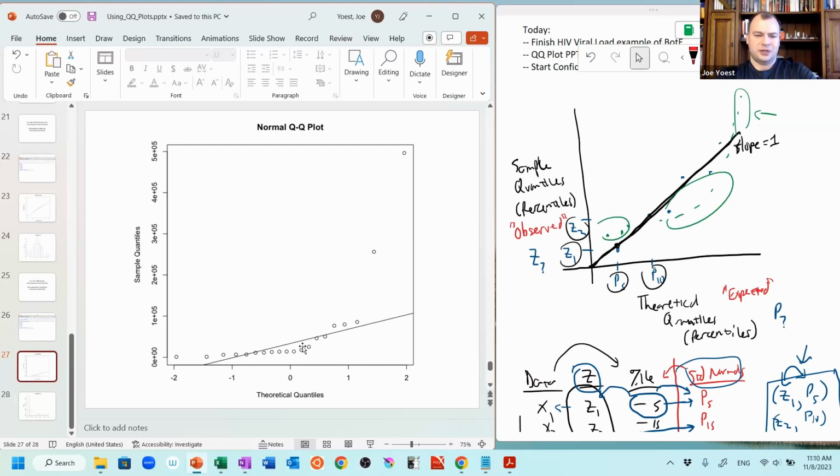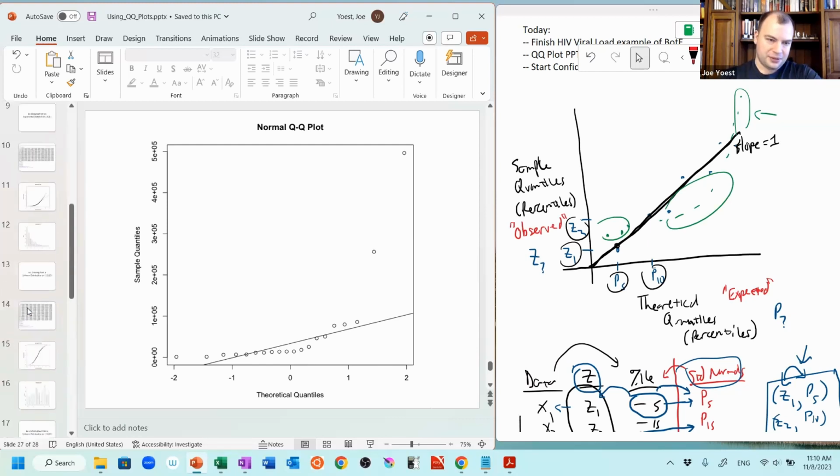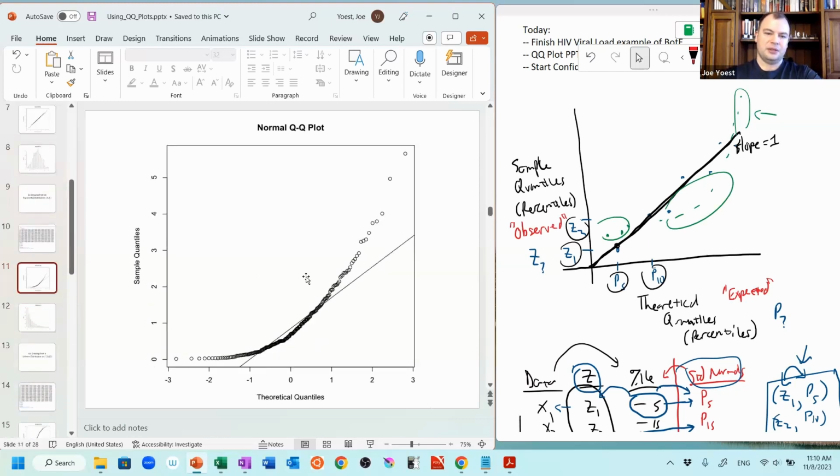So this one, I would be very uncomfortable modeling as a normal. I see substantial deviations and I see a very clear pattern. Above, below, above. That's indicative of that right skewedness. That's the kind of thing that we saw with the exponential distribution, right? That's a strongly right skewed distribution.